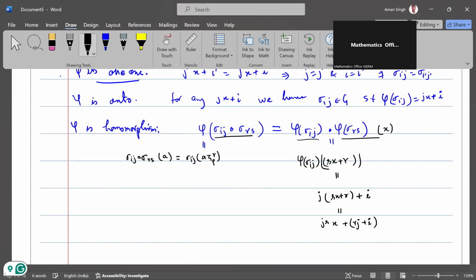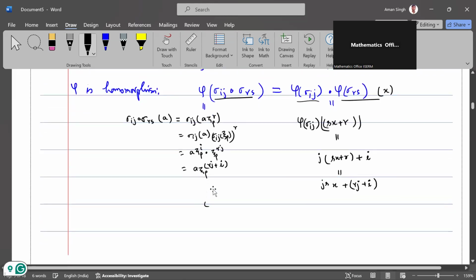And once more, if you apply sigma_ij here, a into sigma_ij of zeta_p to the power r becomes a into zeta_p to the power i into zeta_p to the power rj. So this is a into zeta_p to the power rj plus i.